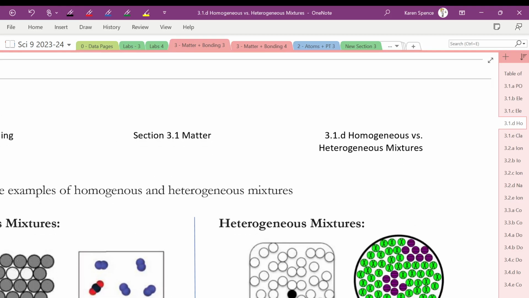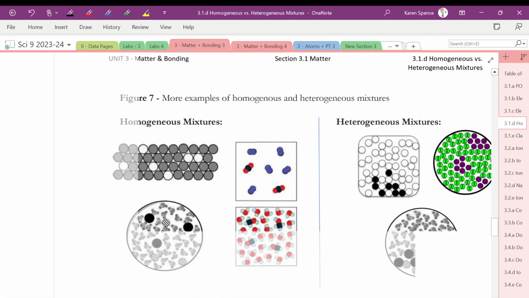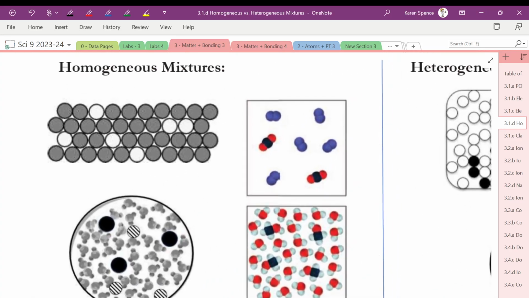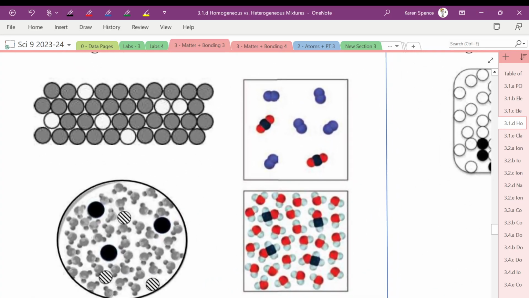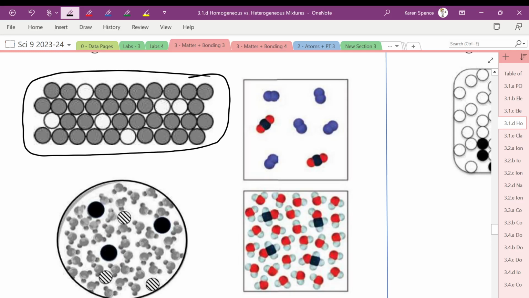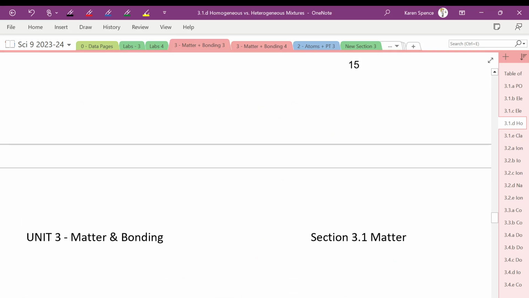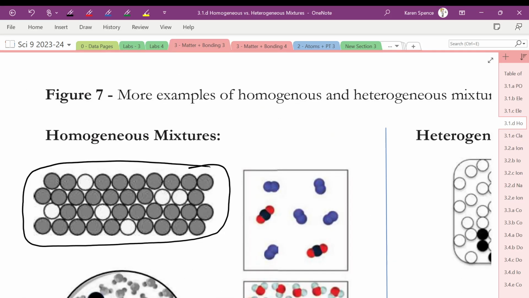So we're gonna go to our next page now and just look at a few more examples. We're gonna start by looking at all of these homogeneous mixtures on the left-hand side of the page. How can you tell that this is homogeneous? How can you tell that that is homogeneous? We're now on page 16, 1-6.